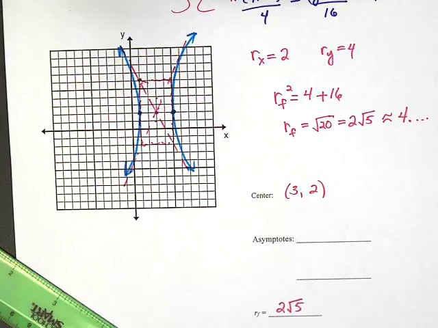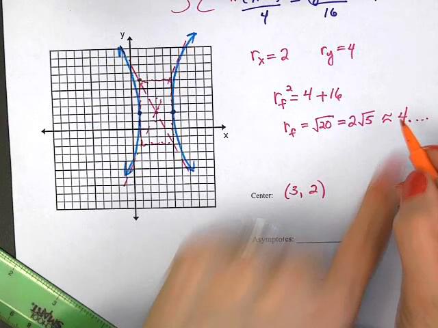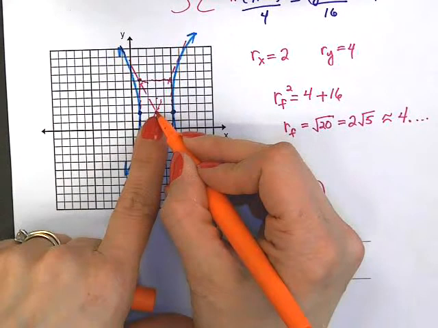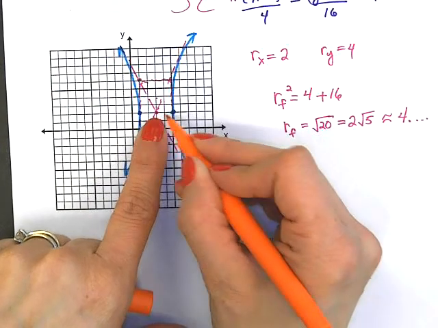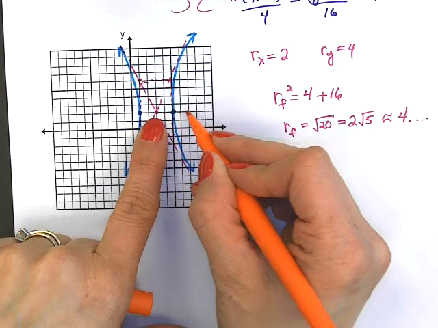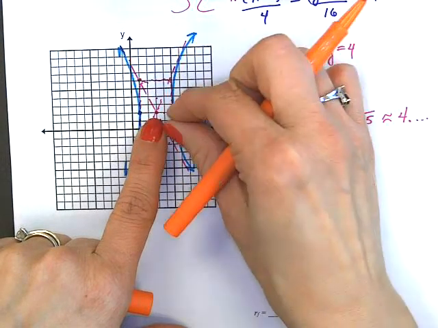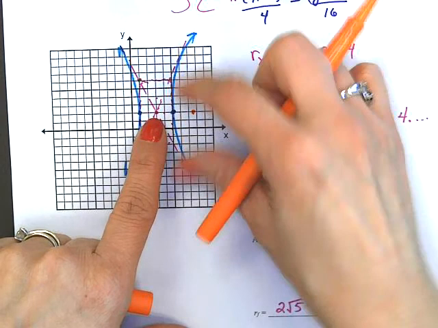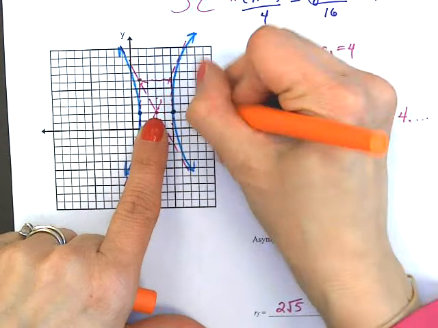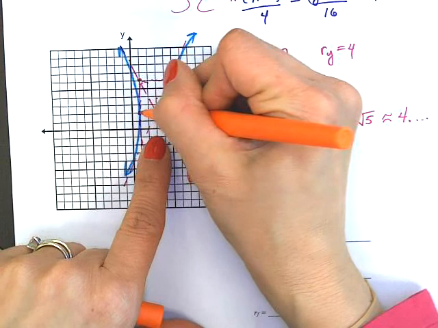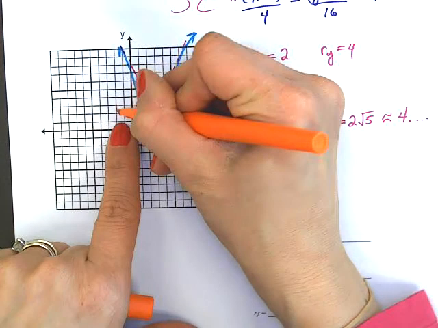Okay, let's also graph the foci. I know that the focal radius was 4 point something. You start at the center, and I'm going to go 4 point something. 1, 2, 3, 4 point something inside the hyperbola. Remember, as you pull that focal point out, the hyperbola gets really fat. So F for focus, 1, 2, 3, 4 point something, F for focus.